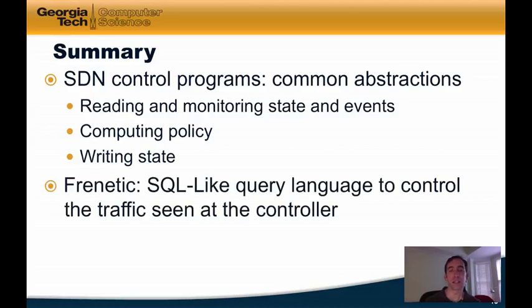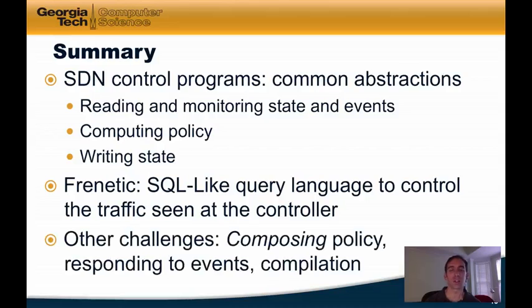Frenetic is a SQL-like query language that allows the programmer to control the traffic that's seen at the controller while monitoring network state. Other challenges involve composing policy, responding to events, and compiling those policies into rules that can be efficiently implemented in flow table entries at switches. The remaining lessons in this module will explore how to tackle these challenges.